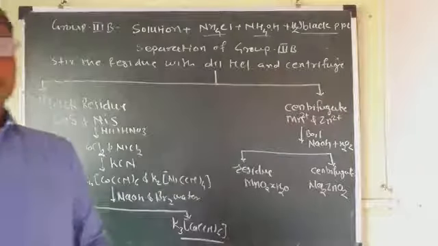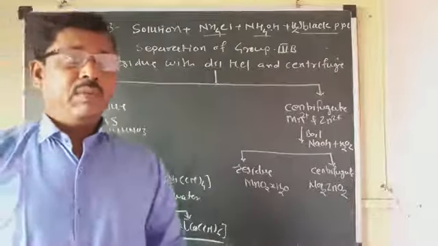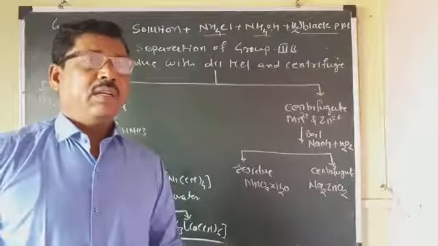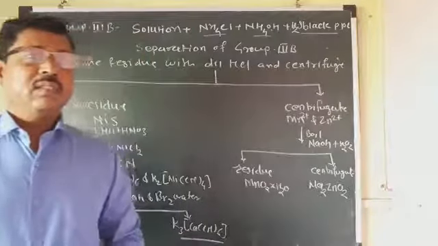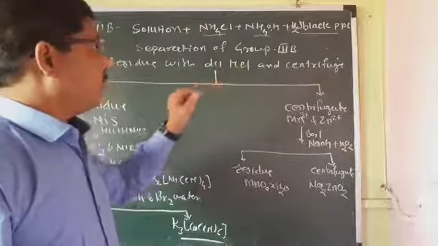These group 3B elements are precipitated as sulfides in ammoniacal solution, NH4Cl and NH4OH.